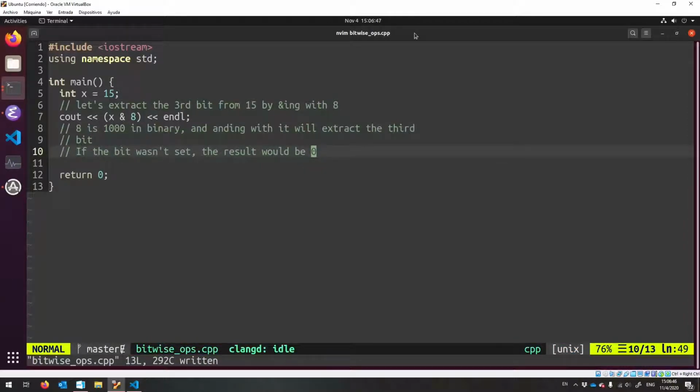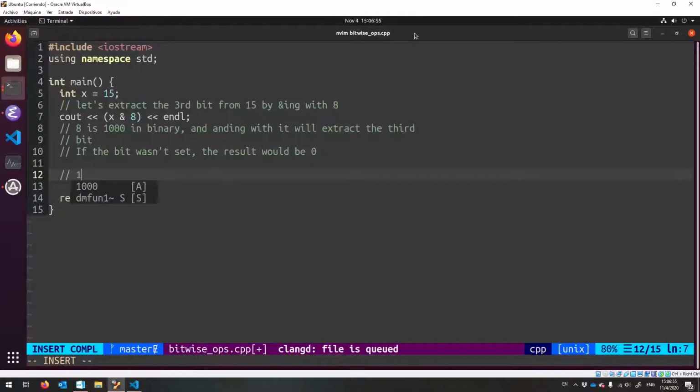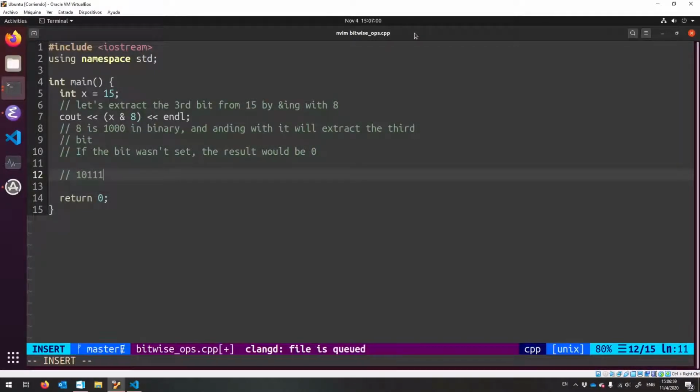So let's use a number that doesn't have a 1 there. Let's find the number, let's see, 1, 0, 0, or 1, 1, 1, like that. So it doesn't have that third bit set, but it has the one after it set, for example. Okay? That's the difference.